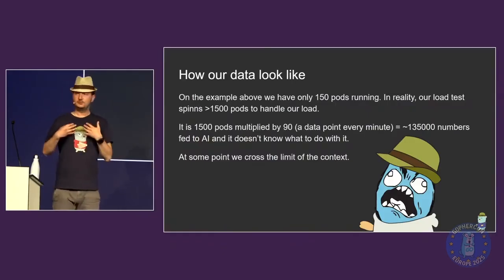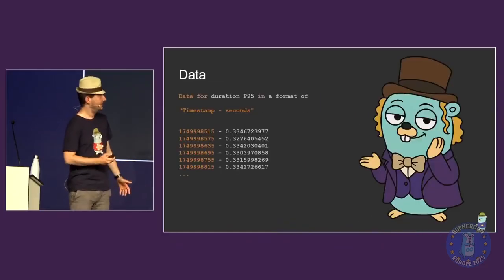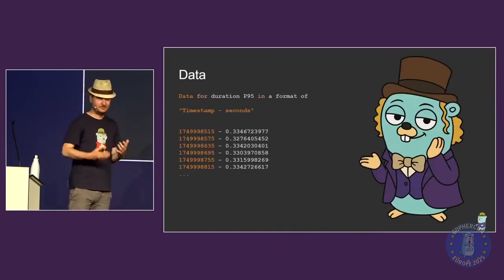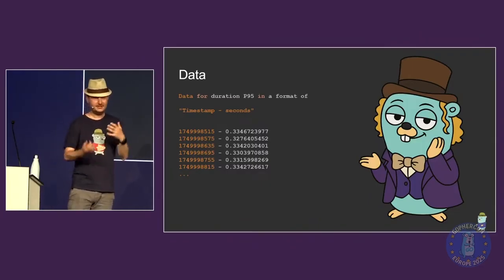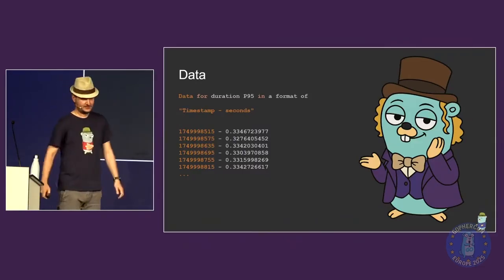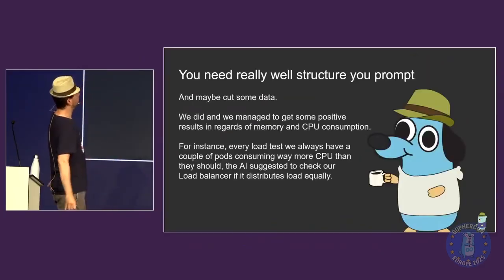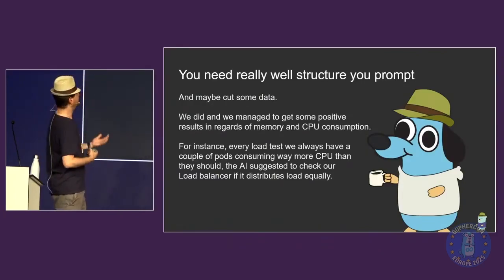The problem is you need to structure this data so AI can understand what to do with it. And our input looked like this. So at some point, with all this formatting, with new lines, you breach the context and the AI starts to hallucinate with your data. So you really need to structure your data, and maybe cut some of it.